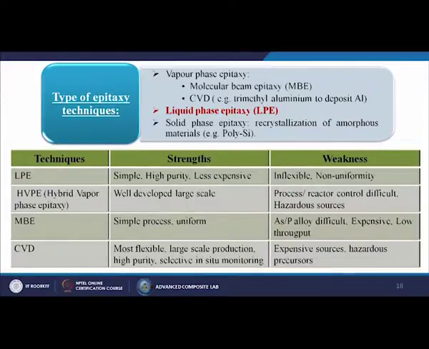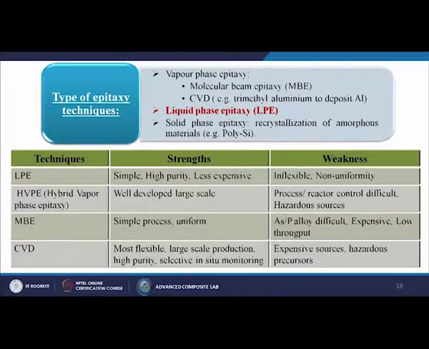Then, for the techniques, what are the strengths? For LPE, the strengths are simplicity, high purity and low expense; the weaknesses are inflexibility and non-uniformity. For HVPE, hydride vapor phase epitaxy, the strengths are a well-developed, large scale process; the weaknesses are difficult reactor control and hazardous sources.